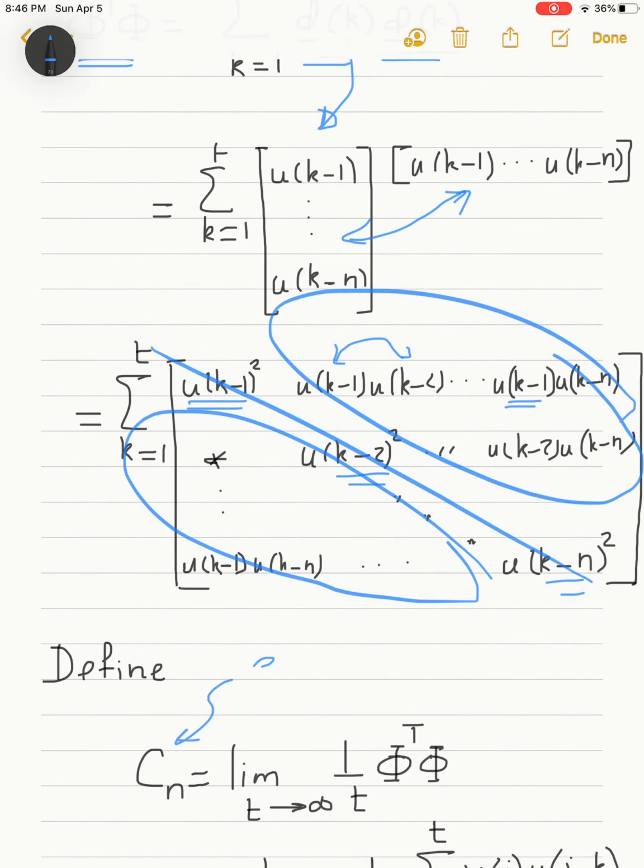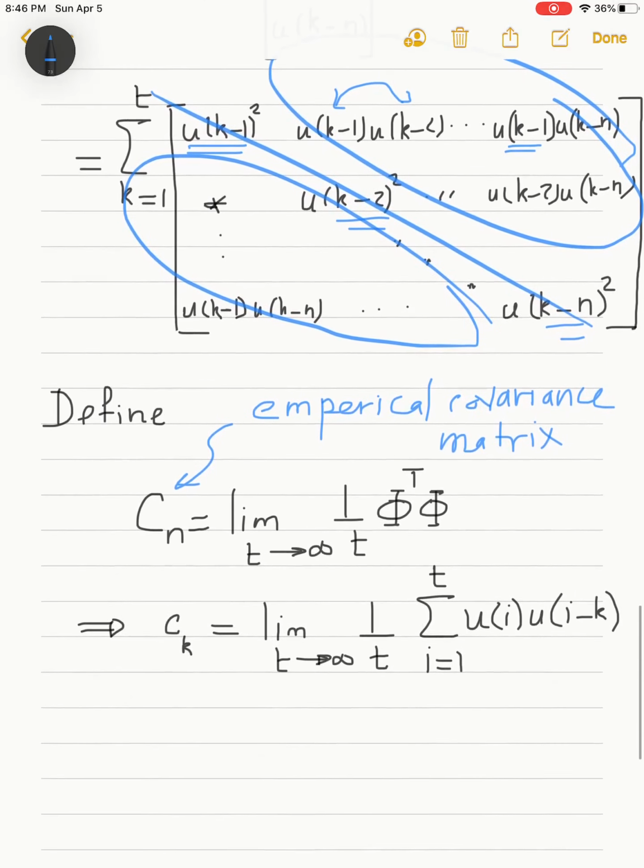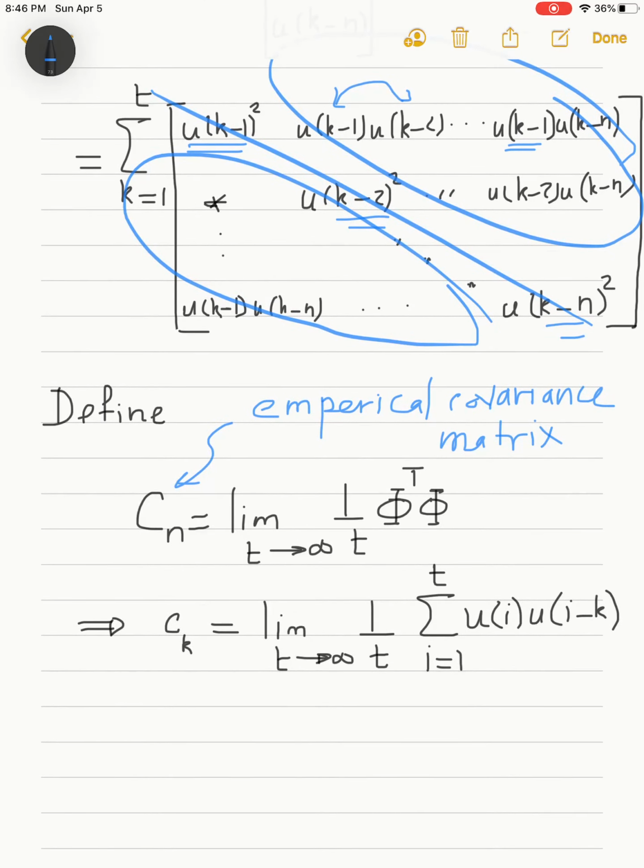Now we will define a matrix here. We call it the empirical covariance matrix, and that matrix is the limit as t goes to infinity, when we have a very large number of measurements, of 1 over t multiplying phi transpose phi. In that case, each element of the resulting matrix C of n, the empirical covariance matrix, will be a limit as t goes to infinity of 1 over t times the summation of u of i times u of i minus k.